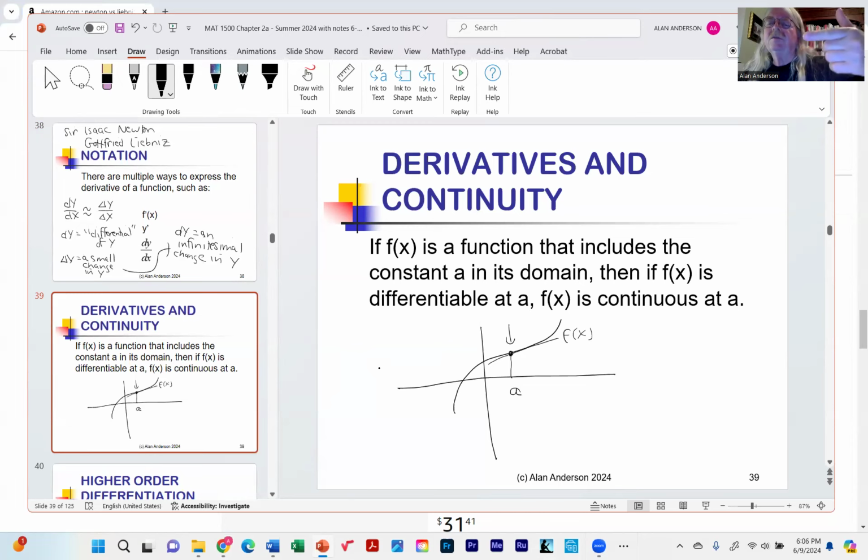So in other words, being differentiable implies continuity, at least at that point. Which is the same thing as saying that if it's discontinuous there can't be a derivative. Okay, but we kind of already knew that, but this is a more formal way of stating it.